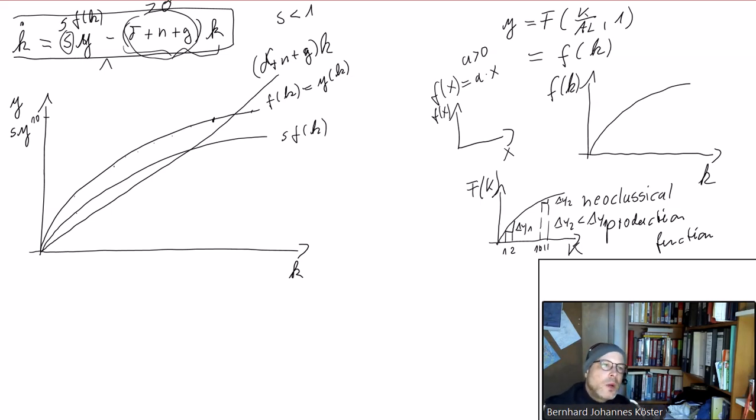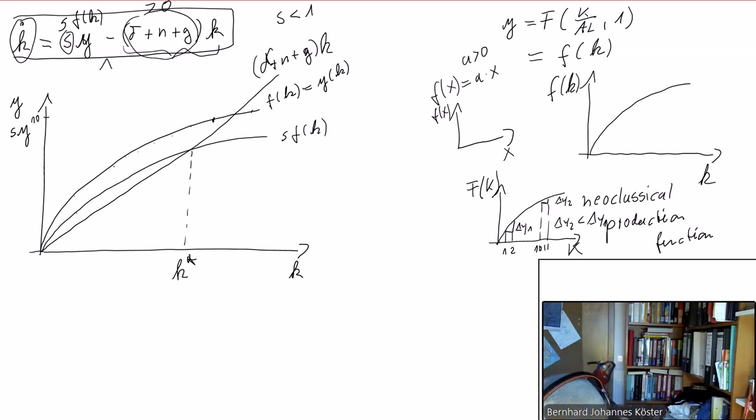So why do I draw these two functions here? The two functions of the left-hand side. Well, the cut of this is where we do not have a change of capital in time anymore. And therefore, we call this point the steady state. Within this steady state, the left-hand side is 0.